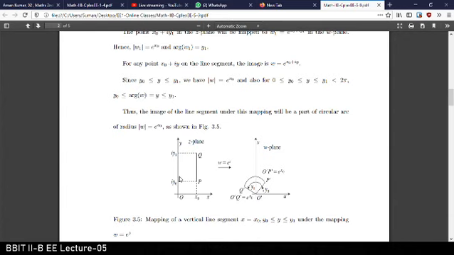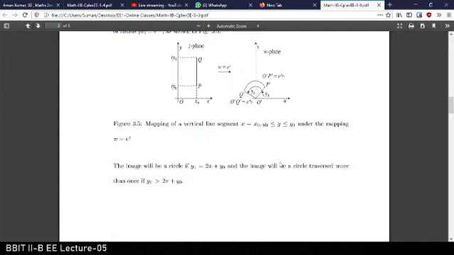These two properties, you should remember them. It will be helpful to understand some problems, but most of the problems are simple, so I will simply skip. Here it is explained: if y1 equals 2 pi plus y0, meaning the difference is equal to 2 pi, the circle will be traversed once.